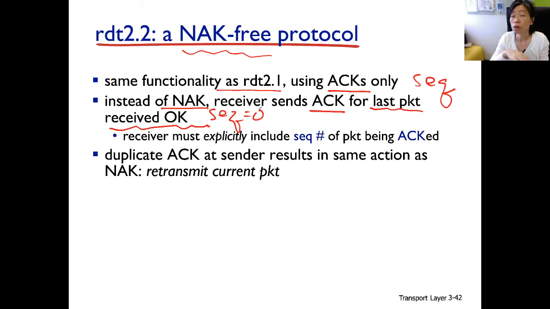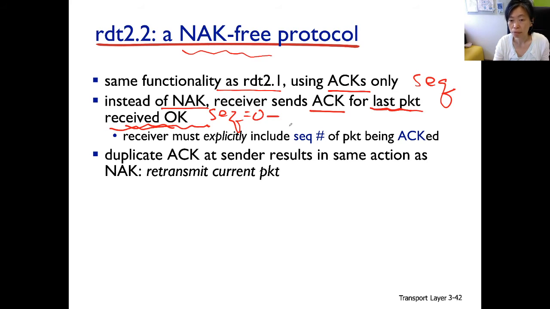Now, go to wait for call from below, packet 1. So if packet 1 arrives at the receiver and it's corrupted, what does the receiver do? Which packet is the last received being okay? Well, 1 is not okay. So, still sending an ACK packet, but the sequence number bit there is 0 again.